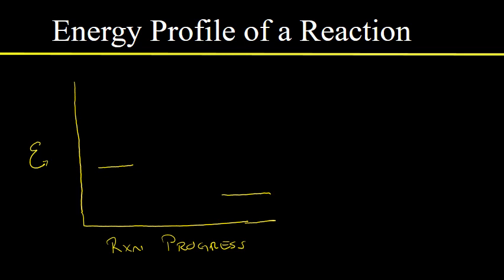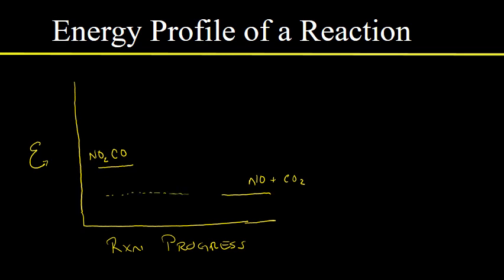In this case, the reactants are NO2 and carbon monoxide, and our products are NO and CO2. And in this particular reaction, the products have lower energy than the reactants. That's not always the case, but that is the case here.